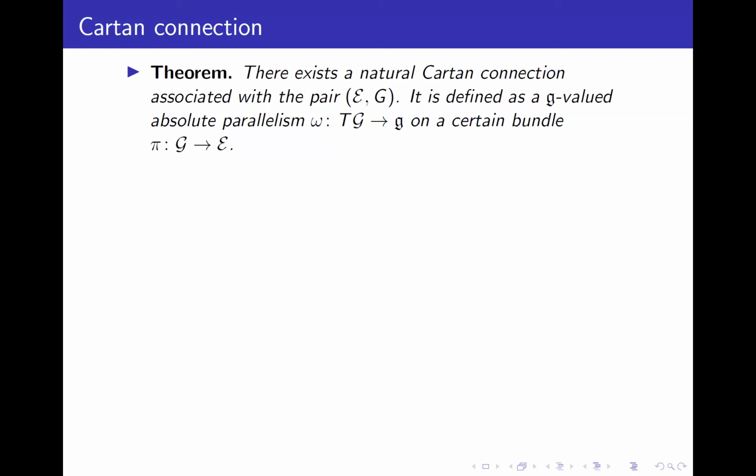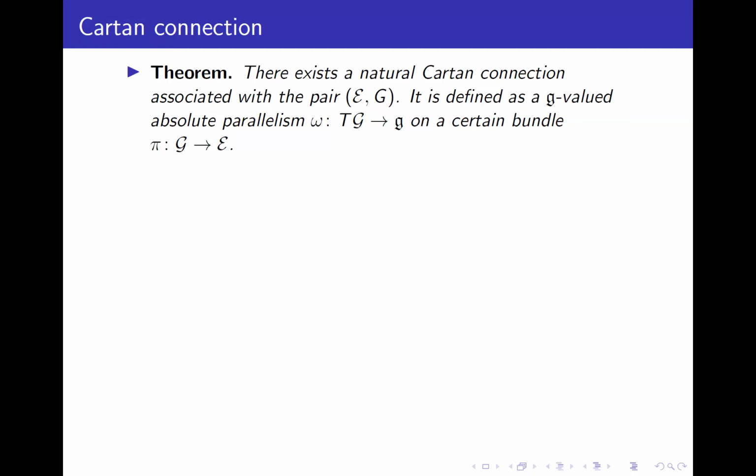For those who feel uncomfortable with what Cartan connections are, you can always think about, for example, conformal connections. So conformal connections are associated to a metric viewed up to a scale, a conformal metric, or even in a simpler situation, we can think about a Levi-Civita connection.